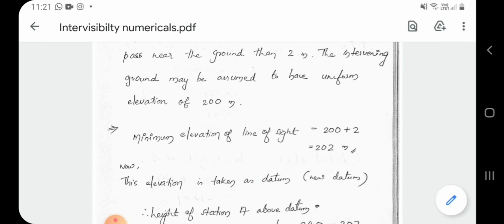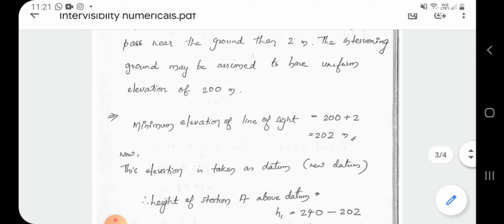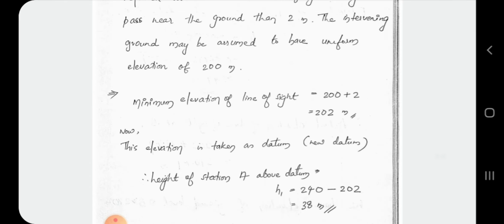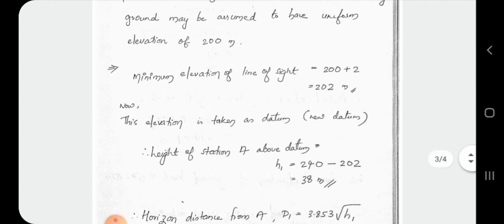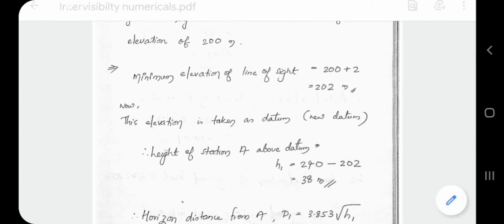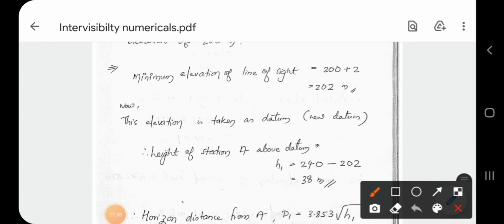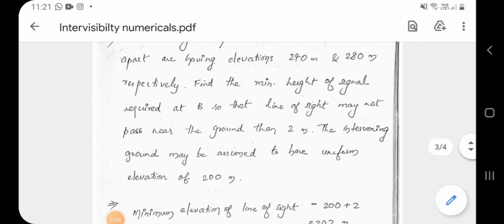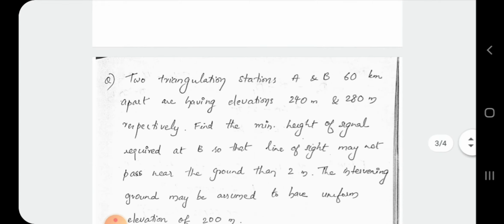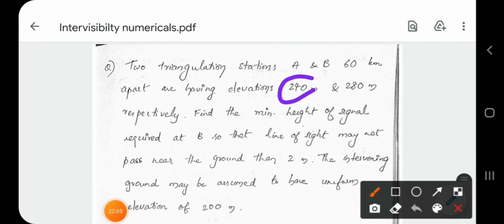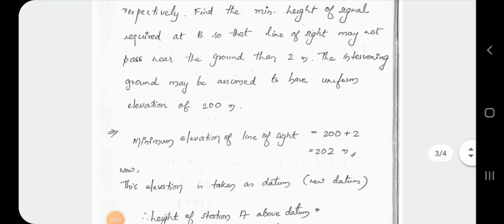Okay, and this is taken as the new datum. From this, now the measurements or the readings will be taken from this datum. So the height of the station above datum will be, we already know it is given that station A is at 240 meter elevation from mean sea level.